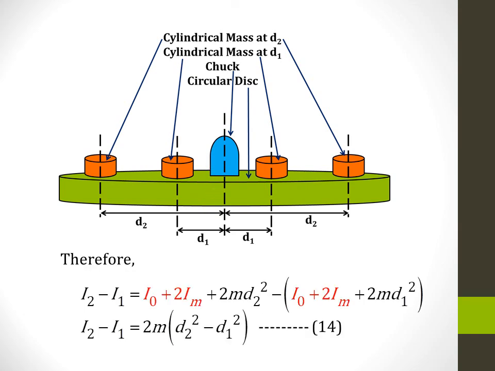Therefore, for I2 minus I1, we substitute equation 13 and equation 12, and this leads to a cancellation of the terms I0 and 2Im, which is represented in red. After cancellation and taking out the common term 2m, we have I2 minus I1 to be 2m times d2 square minus d1 square, which we represent by equation 14.